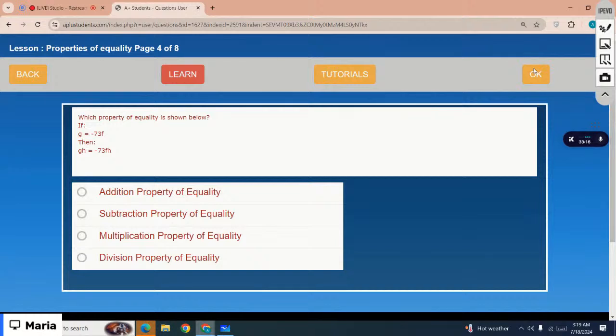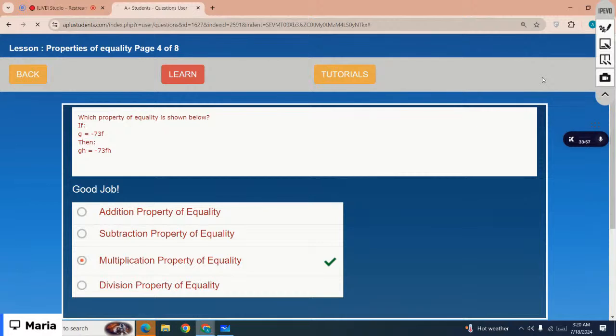When you multiply the same number on both sides, that keeps the equation balanced. So that is the multiplication property of equality. The correct option is multiplication property of equality.